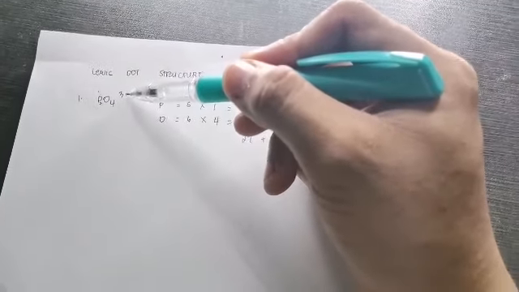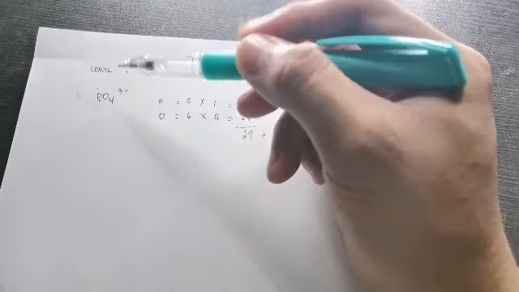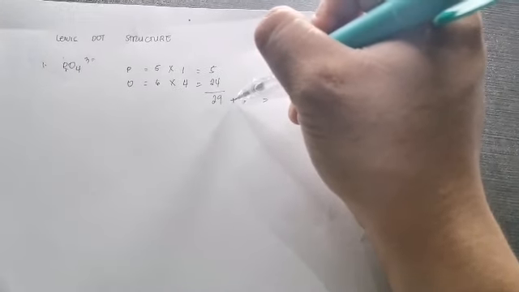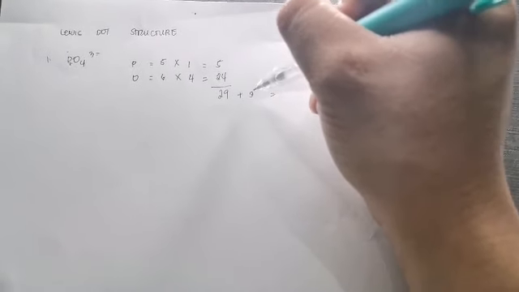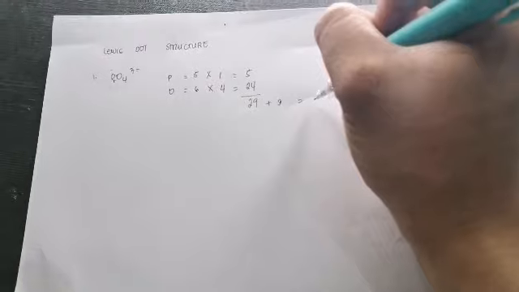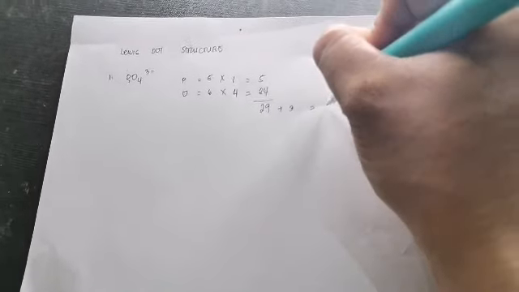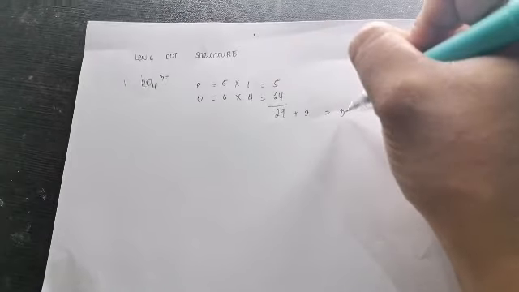But if you have 3 plus, the opposite of 3 plus is negative 3 or minus 3. Okay. So now let's have this. 29 plus 3, you have 32.